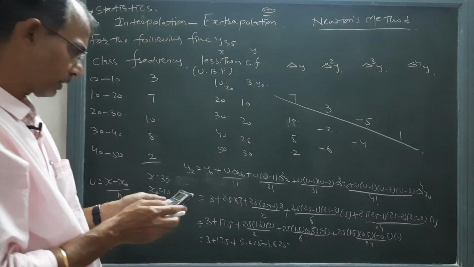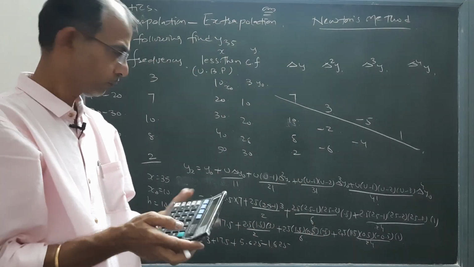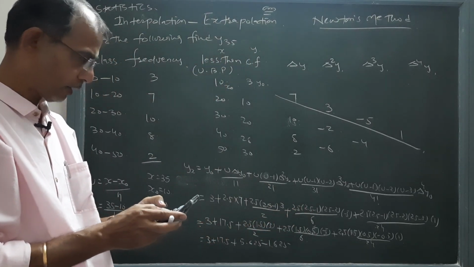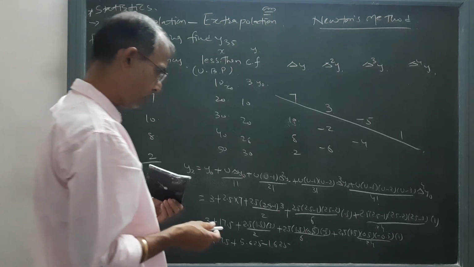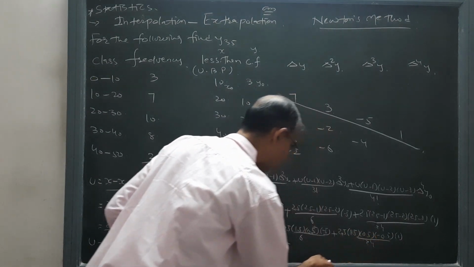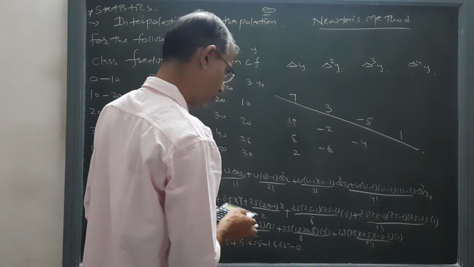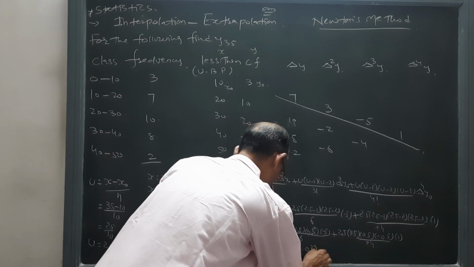Then after that is 2.5 into 1.5 into 0.5 into 0.5 divided by 24, and that is 0.0390.